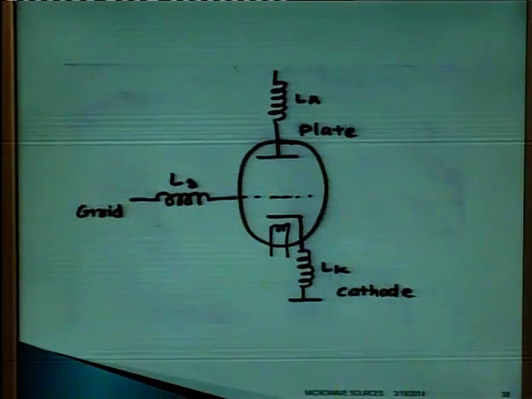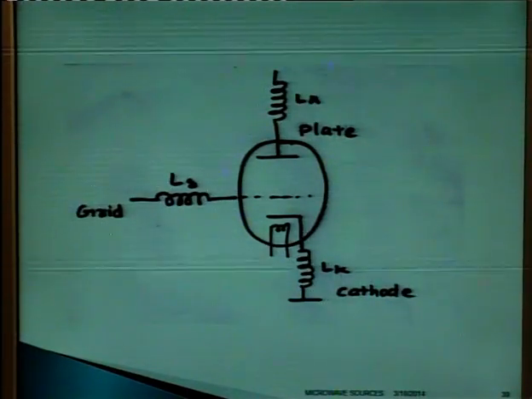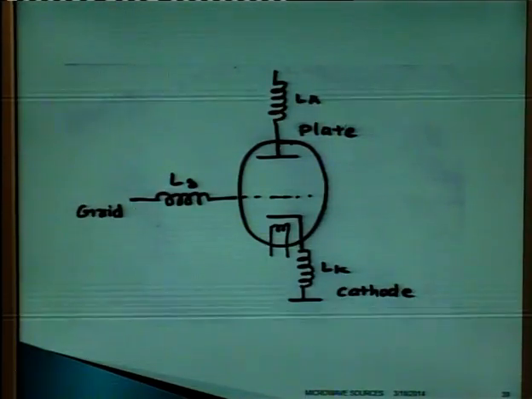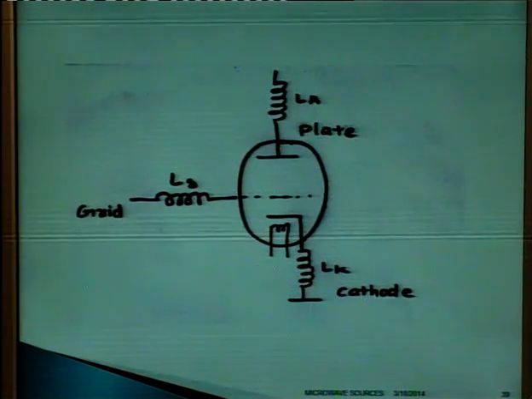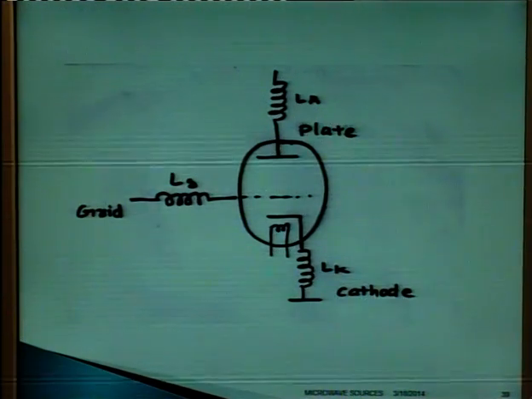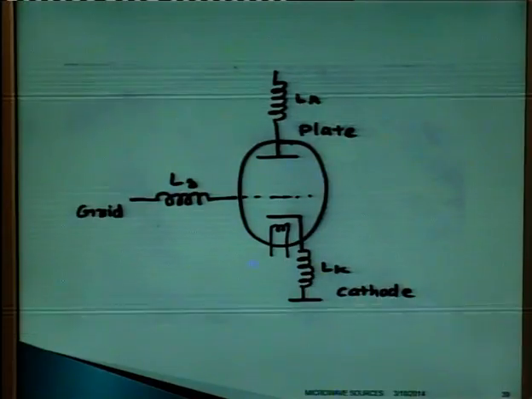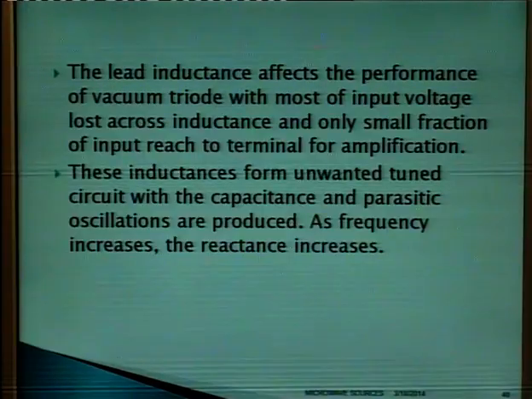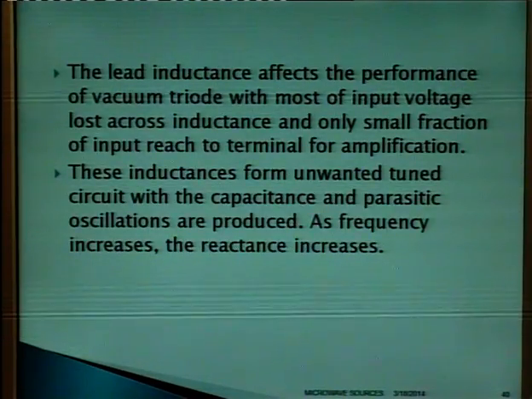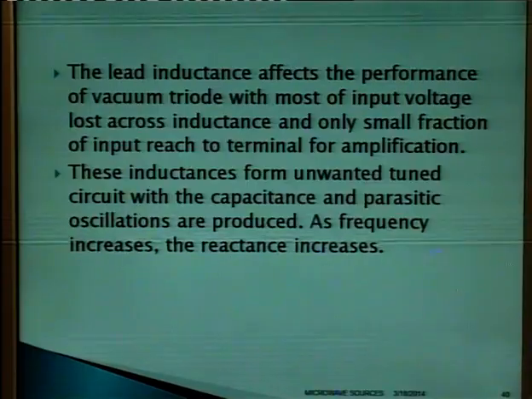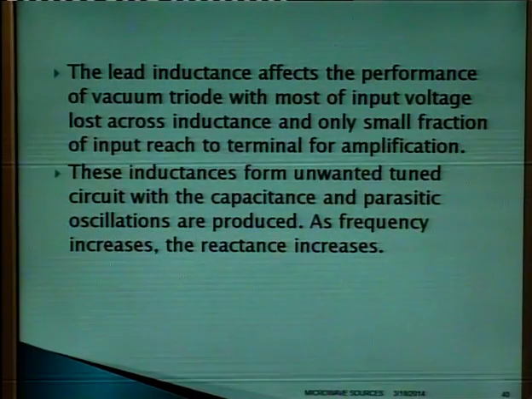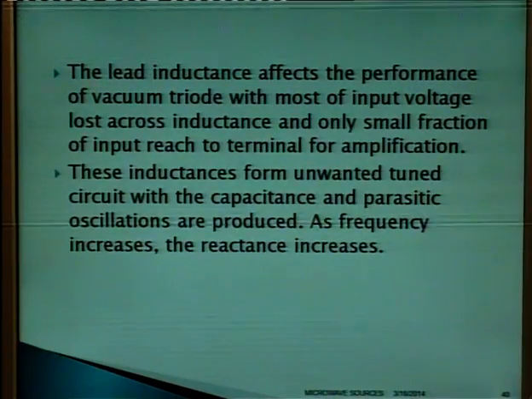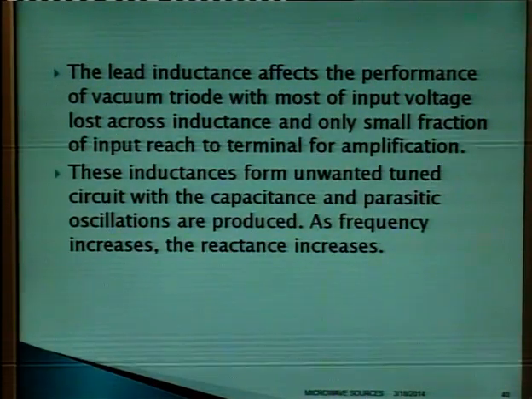This is the diagram where with each electrode we have some lead inductance like LA, LC or LK, or LG. So, these are the lead inductances in the circuit. The lead inductance affects the performance of the vacuum triode, with most of the input voltage lost across the inductance, and only a small fraction of the input reaching the terminal for amplification.